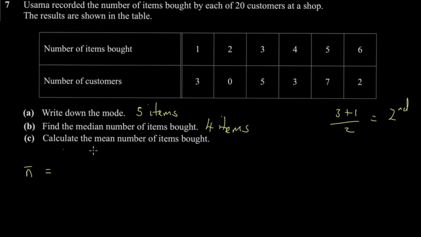Okay, so here the way that you'd go about it, you'd say class multiplied by frequency. So class it's 1 multiplied by frequency is 3, plus 2 multiplied by frequency is 0, plus 3 multiplied by frequency is 5, plus 4, which is class, multiplied by the frequency is 3, plus 5 times 7, plus 6 times 2.